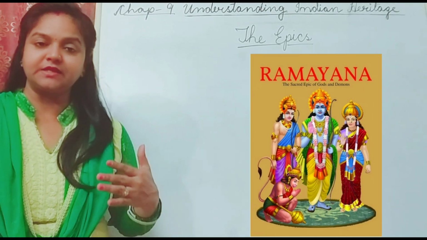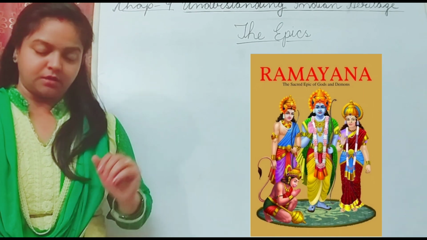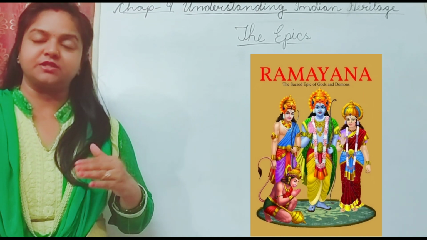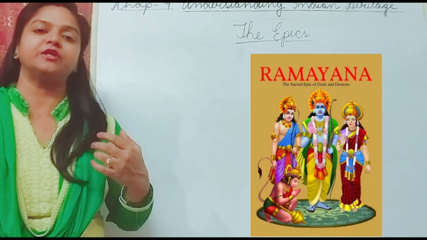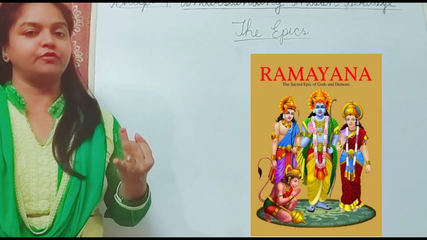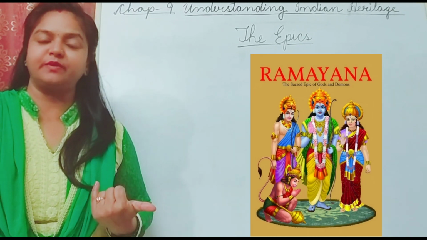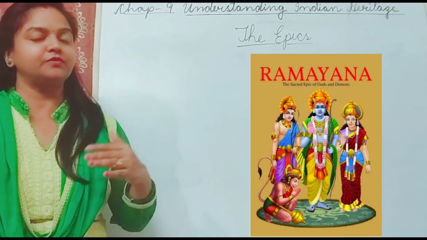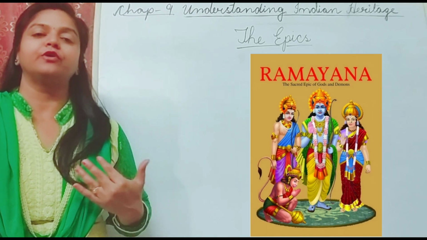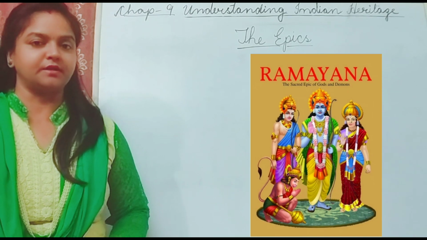The duties of relationships means the duties of a father, of a mother, of a brother, of a wife, of a husband. These are described in this epic, the Ramayana.